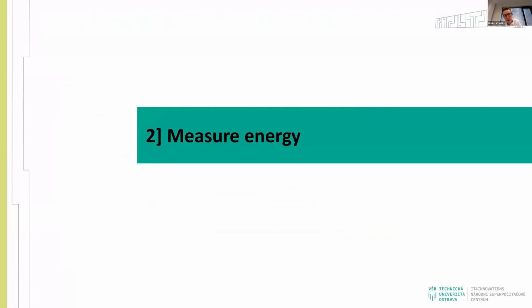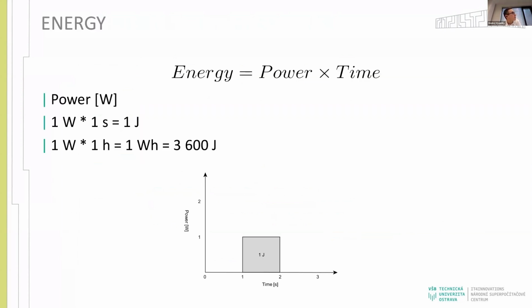So that was the performance, that one side. Now the other side, that's the energy measurement. First of all, a basic introduction: what's the energy? That's power multiplied by time, so evaluated over the runtime of an application. If having a power consumption of 1 watt for 1 second, it's 1 joule.